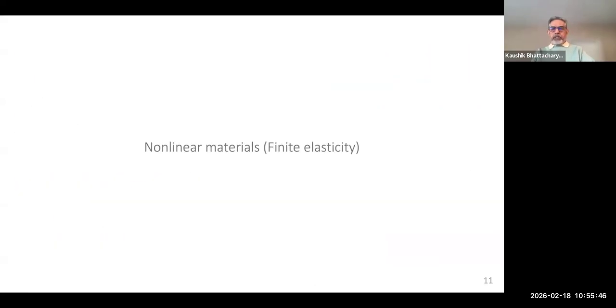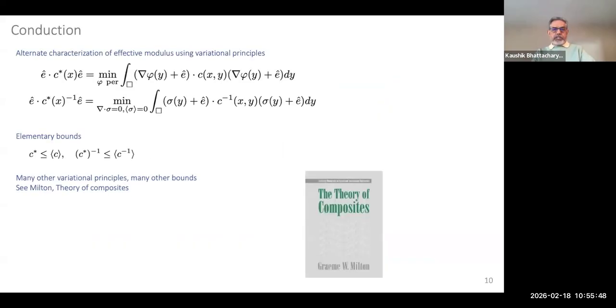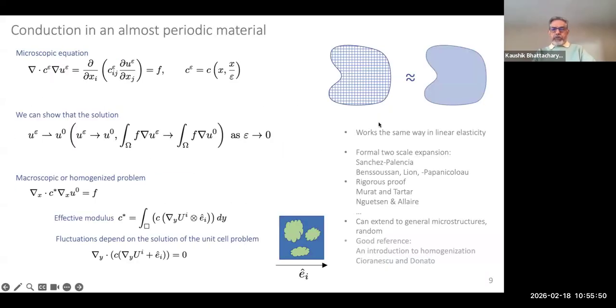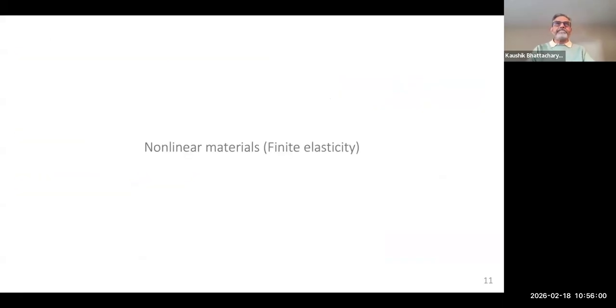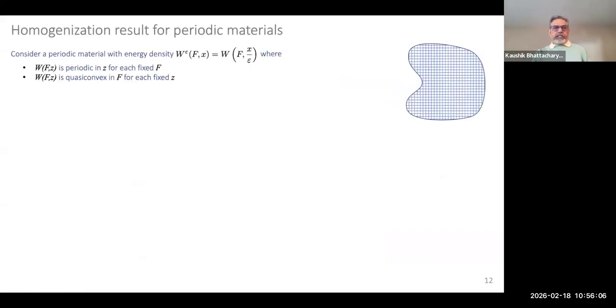Okay, so this was conductivity, and as I remarked here, it works essentially the same way in linear elasticity. So let's ask what happens if I do finite elasticity, right? So nonlinear problems. Now, in finite elasticity, there are two ways you can pose the problem.